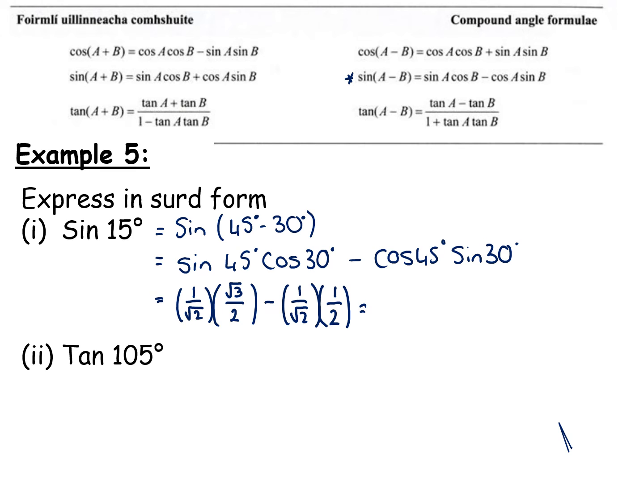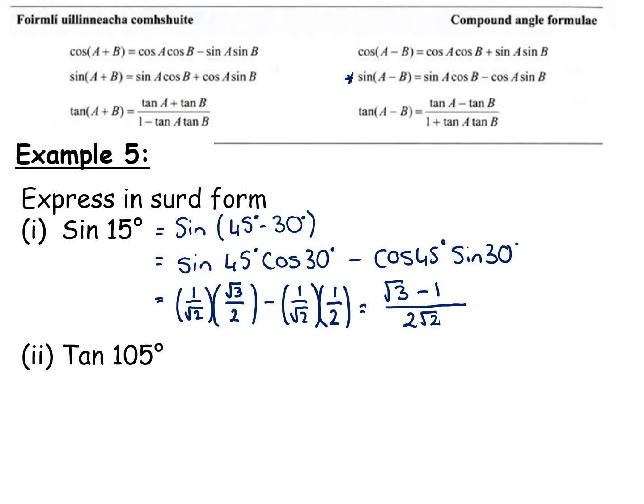So we can clean that up a little bit. Root 3 over 2 root 2 minus 1 over 2 root 2. And that is as simple as we can make it. So that's our answer. So let's talk about the tan of 105 degrees.